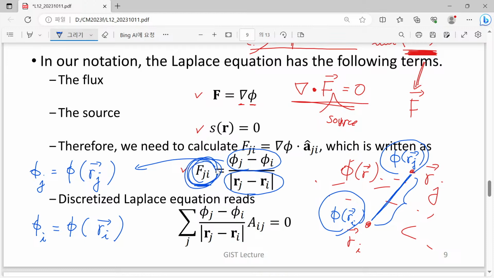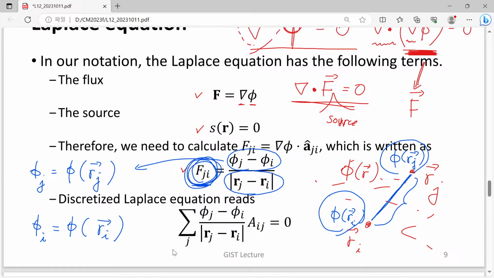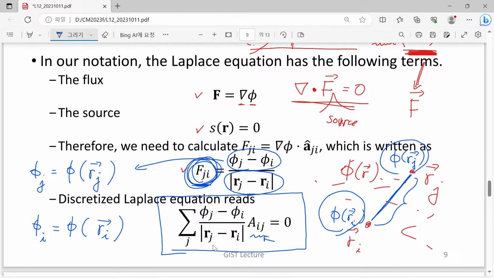Then when you use this f sub ji, simply speaking, the discretized Laplace equation is in this way. A sub ij, you should be able to calculate this area, and you should be able to calculate the distance between two points.